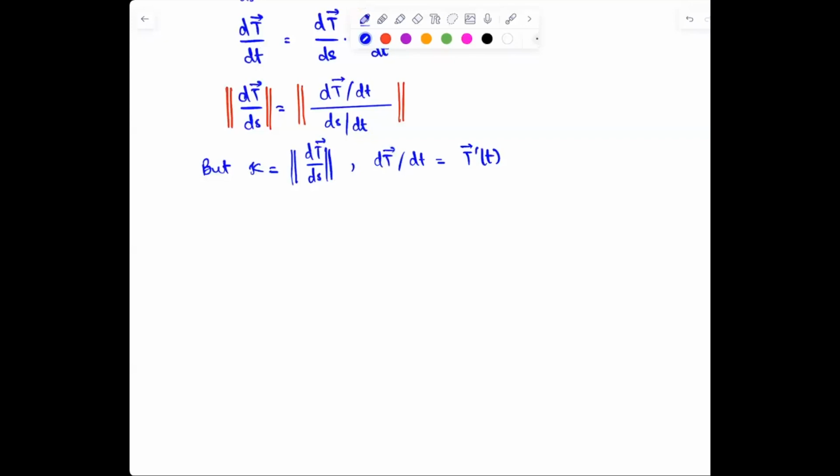Now for the denominator, you have ds/dt. You see this? ds/dt, remember.